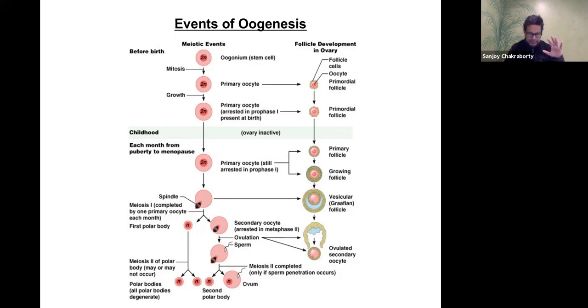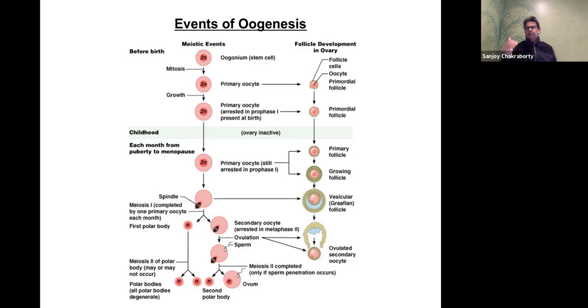In each cycle, if they use, let's say, 5 eggs, then in a year they're going to use 5 times 12, like 60 eggs. So in 40 years' time, they're going to use like 2,400 eggs. Even if you double it or triple it, it is still much lower than the 400,000 eggs they have. So although it's a fixed number, it's a huge number in the ovary.